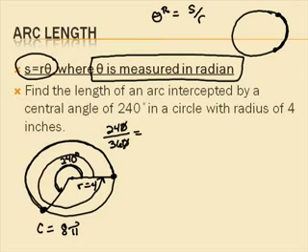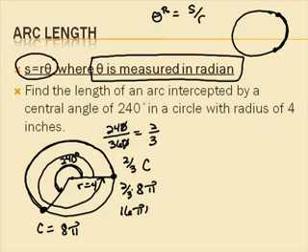So if I reduce that down, I get 2/3 the length of the circumference. So we need 2/3 the circumference, and we said the circumference was 8 pi. So our arc length is 16 pi thirds, it looks like. So that's a way you already know how to do it from geometry.